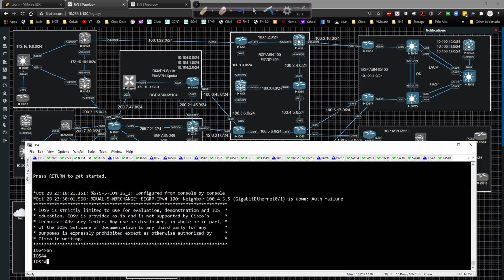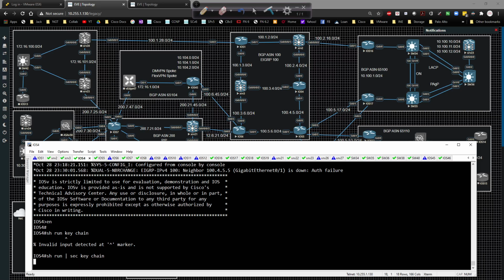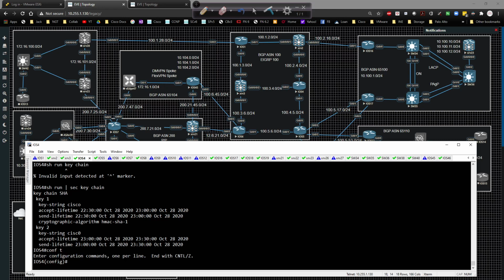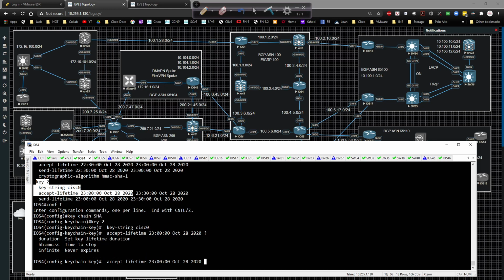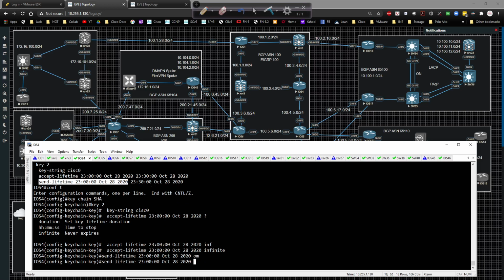So if we were to do a show run section keychain, we're going to adjust the send and receive lifetime of key 2. I'm going to go ahead and say keychain SHA, and then key 2, the last portion here will be infinite, and the last part for send will be infinite as well. We'll just say infinite.